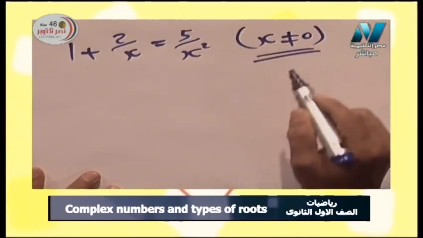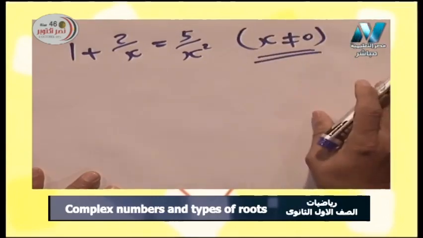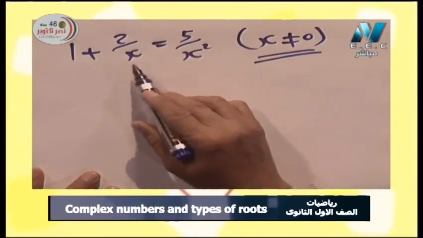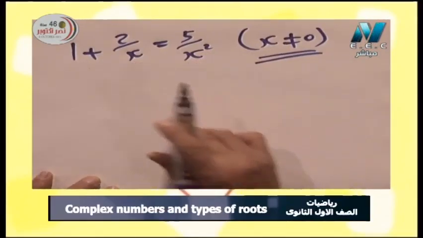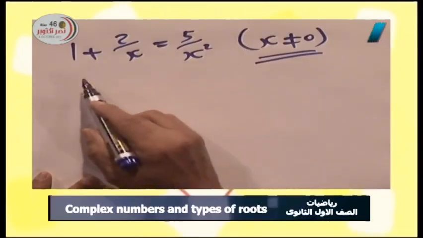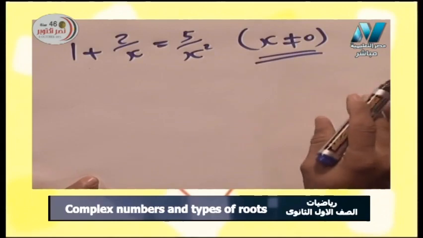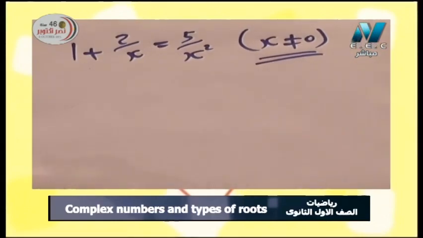You do nothing with this, just x doesn't equal 0, because we cannot put 0 in the denominator. When the equation is not like a formula, it's a problem for some students. But you intelligent students, you will have a solution for it.